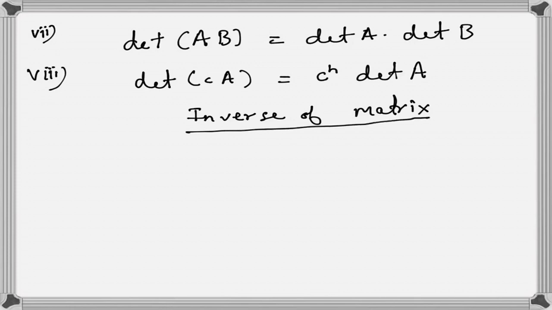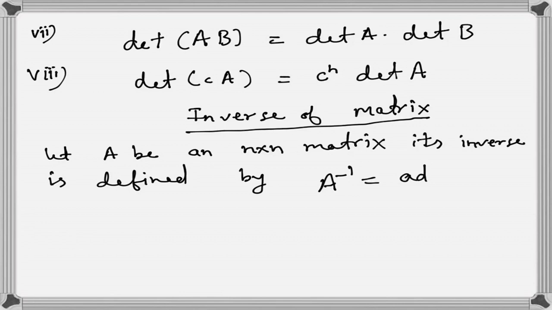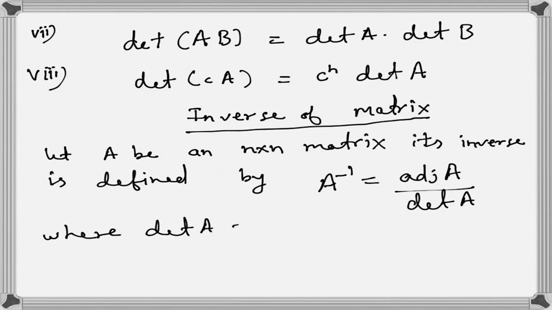Let A be an n cross n matrix, then its inverse is defined by A inverse is equal to the adjoint of A divided by the determinant of A, where the determinant of A is non-zero.